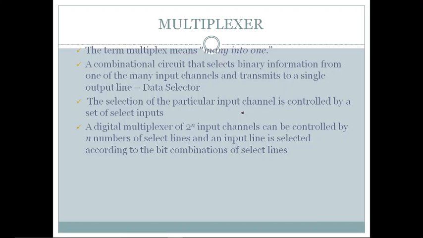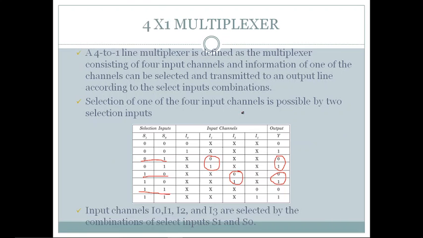For this we require n select lines if we have 2 power n input channels. To select one of the input channels, we require n select lines. So in general you have a 2 power n by 1 multiplexer, where 2 power n indicates the number of inputs and 1 indicates the number of outputs, which is always equal to 1 for a multiplexer.